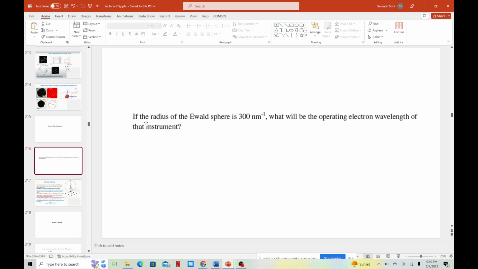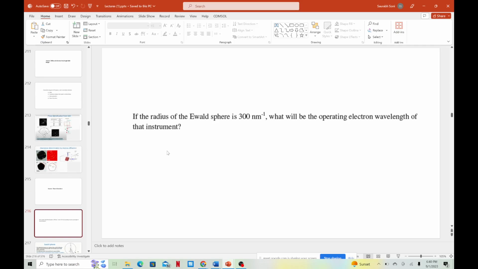The question asks: if the radius of the Ewald sphere is 300 per nanometer, what will be the operating electron wavelength of this instrument? They have given the radius of the Ewald sphere and you have to find the wavelength of the electron.